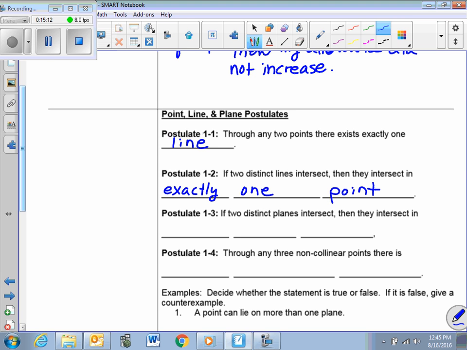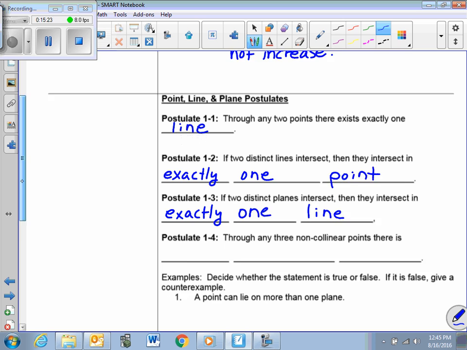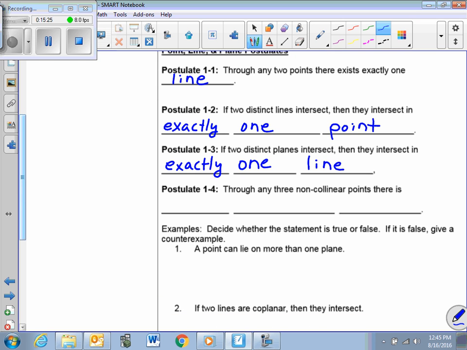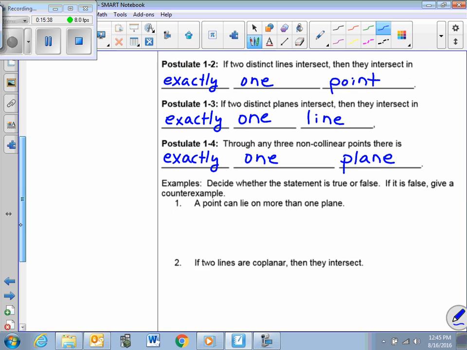If 2 distinct planes intersect, then they intersect in exactly one what? Line. Planes intersect in a line. And through any 3 non-collinear points, there is exactly one plane. So let's do an example using those postulates there.